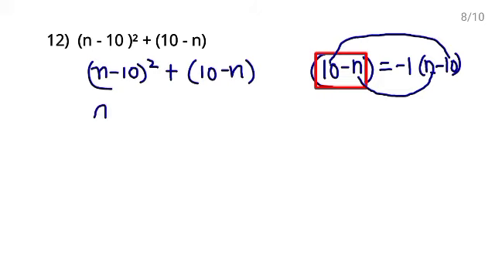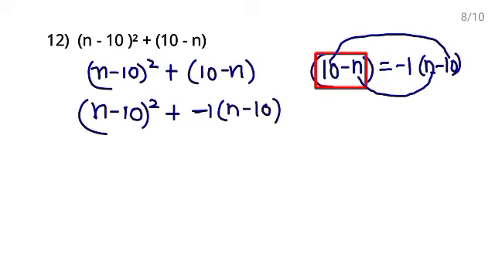So right here (n minus 10) raised to the power 2 plus I'm writing it as minus 1 into (n minus 10), right? (n minus 10) raised to the power 2 minus 1 into (n minus 10).